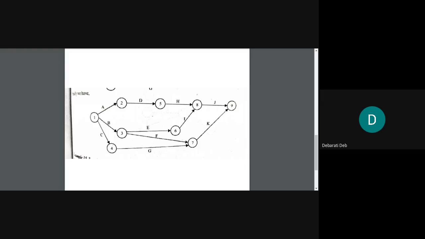Okay, so in the first row corresponding to activity, you write A, B, C, D, E, F, G, H, I, J, K. We have activities till K, so start from A and write till K. Next, in the predecessor row, we will go by the information.